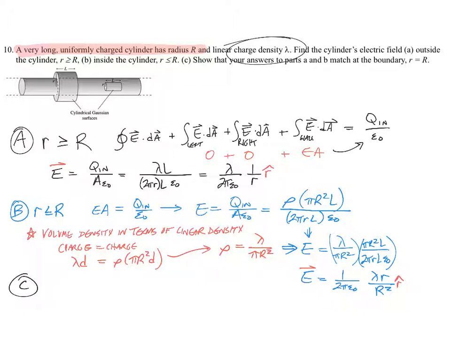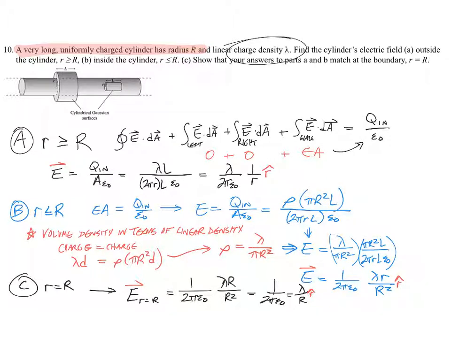Finally, part C. What about when r equals R? Well, now we're just going to replace things here. So the E when r equals R would just be 1 over 2 pi epsilon naught. And instead of lambda little r, it would be lambda big R per R squared, which means 1 over 2 pi epsilon naught lambda per R. And once again, as a vector, we would just pop that on here.